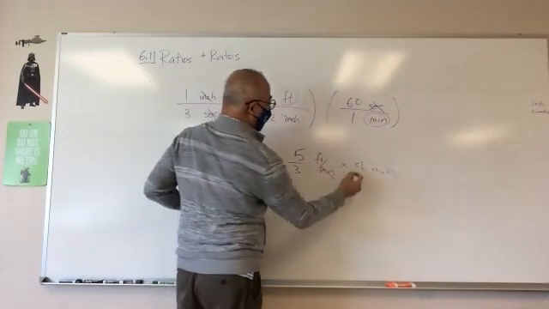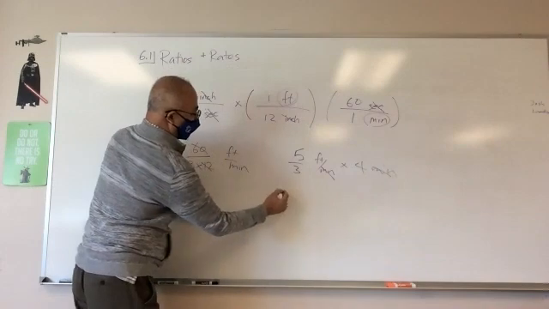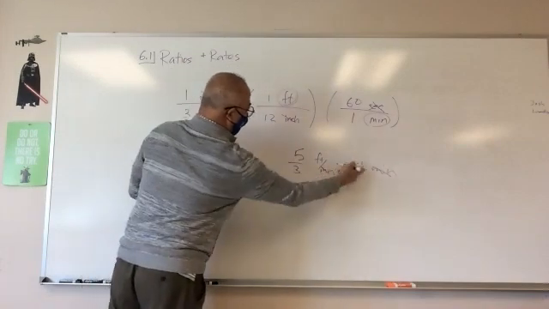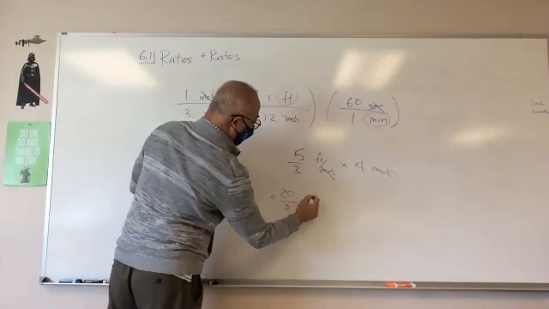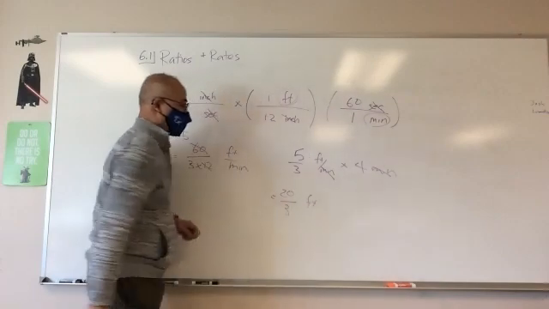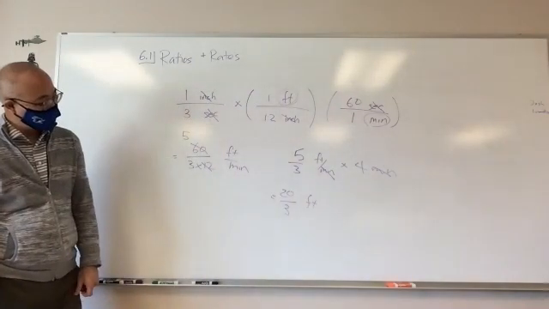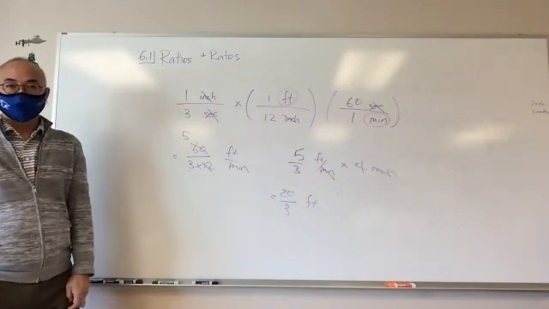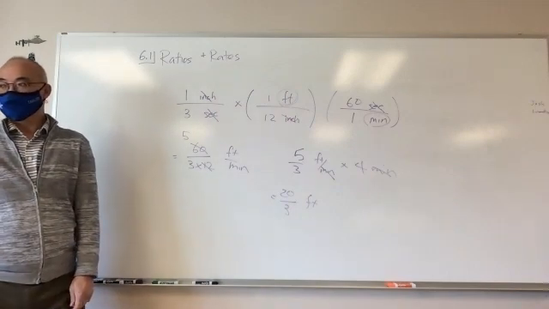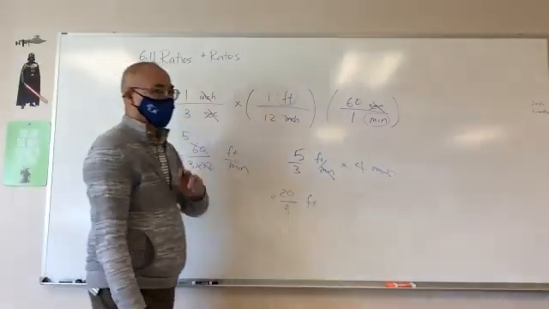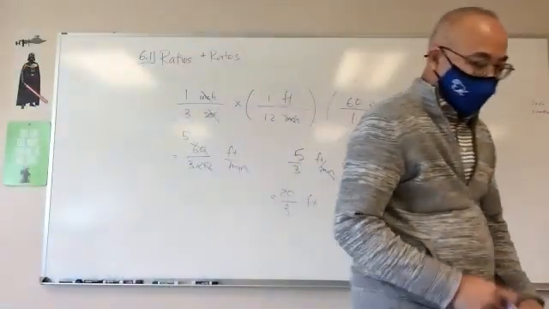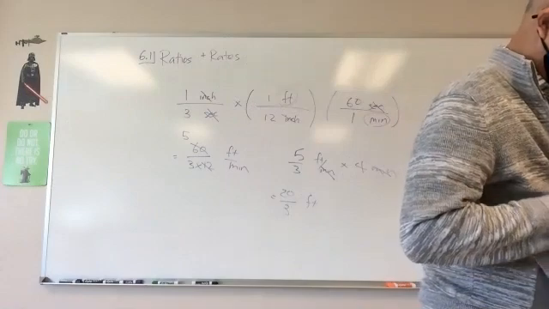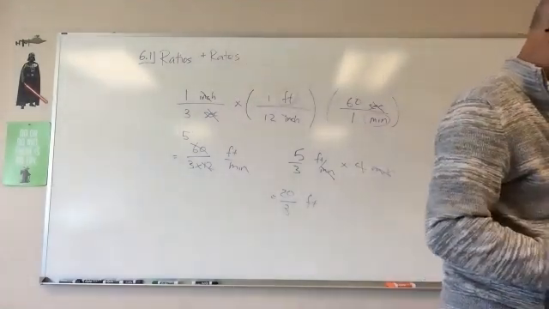So the minutes now cancel out. 5 times 4 over 3 feet. So it's going to be 6.6 repeating, 6.6666666. So that's your answer, and we're done.